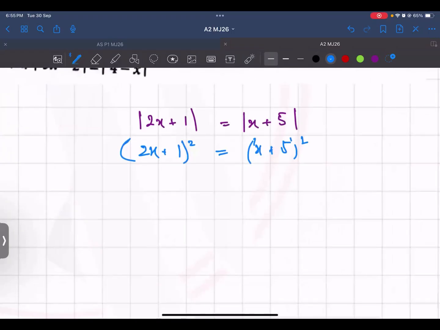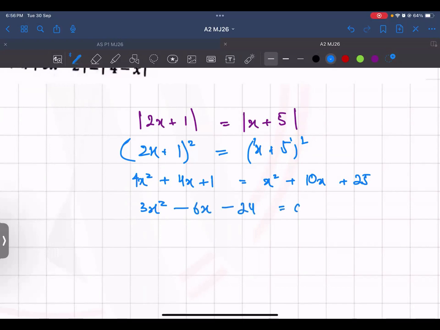Then you expand it to 4x square plus 4x plus 1 equals x square plus 10x plus 25. Move everything to one side, so 3x square minus 6x minus 24 is equal to 0.